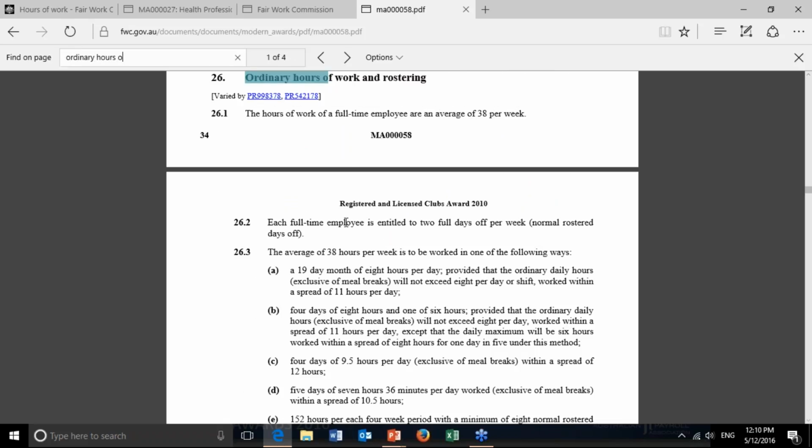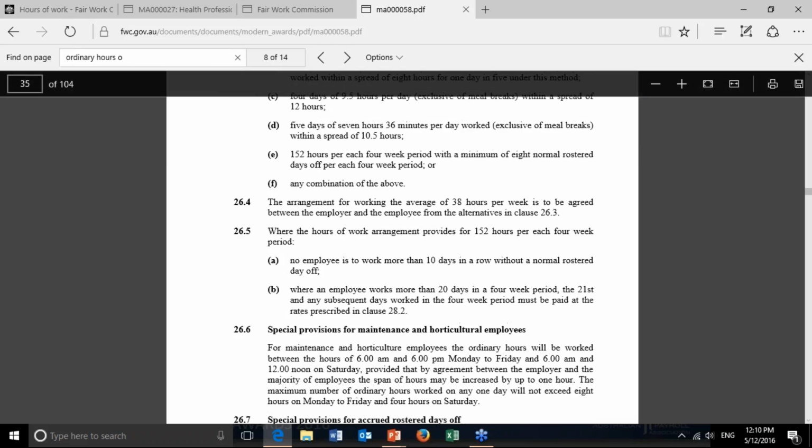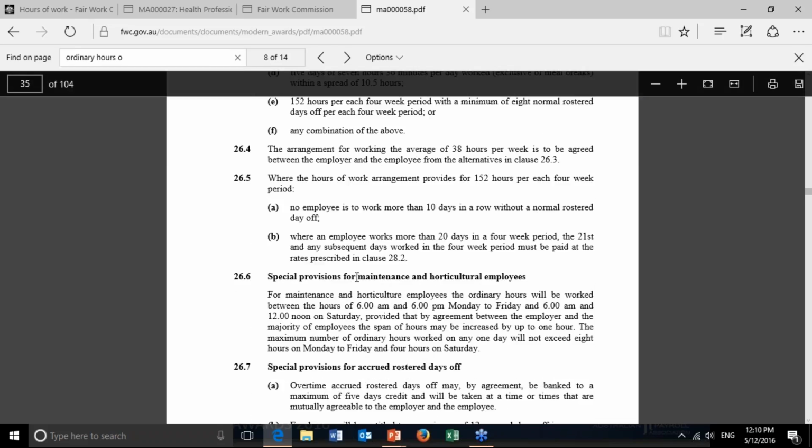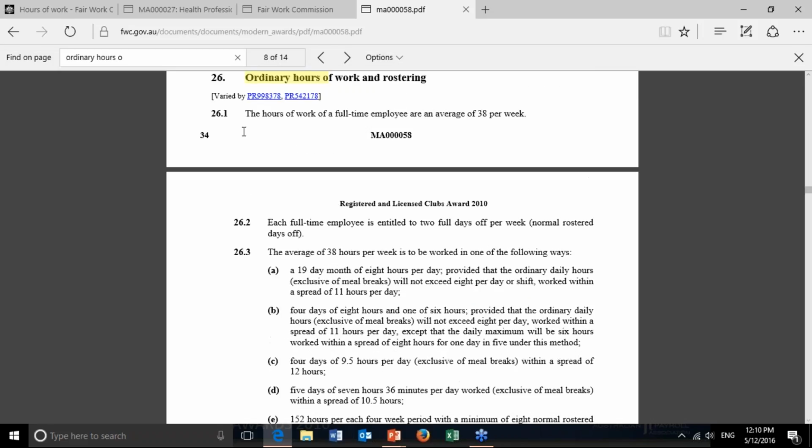Here we go. Okay, so horticultural employees, what are they? The guys that look after the greens, even though we're not even under that award. But under the Hospitality Award, I don't think there are any ordinary hours of work.